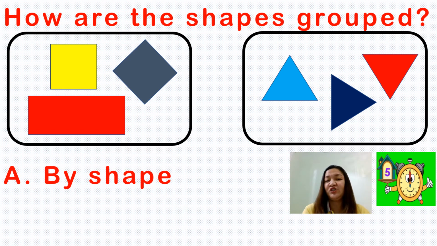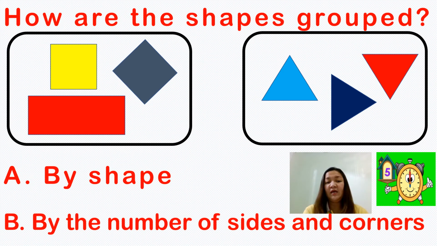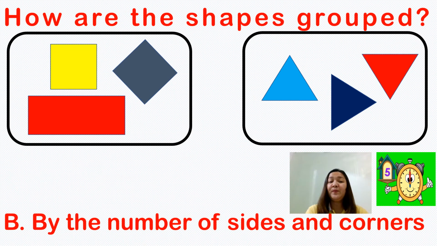A by shape, B by the number of sides and corners. So what's your answer? It's letter B, by the number of sides and corners.